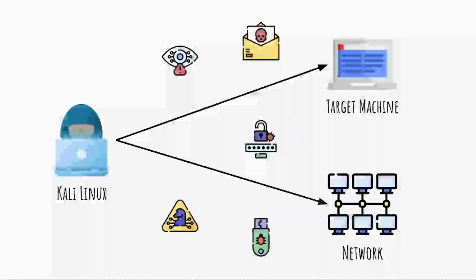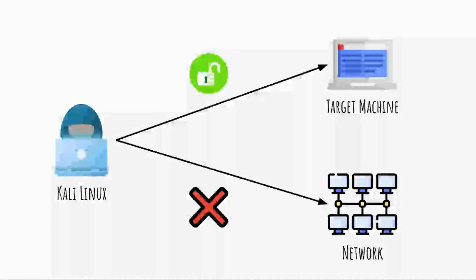The first and most important thing, before we even start a penetration test on a target, is to figure out: do we have permission to attack this target? This is very important since you don't want to be attacking machines or networks that you do not have permission to attack. It could be that the client told me to only test one machine on the network and not the entire network. Therefore, I'm only allowed to test that one machine.